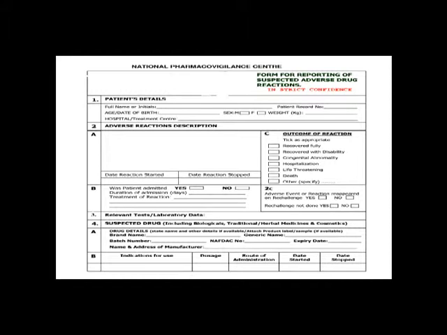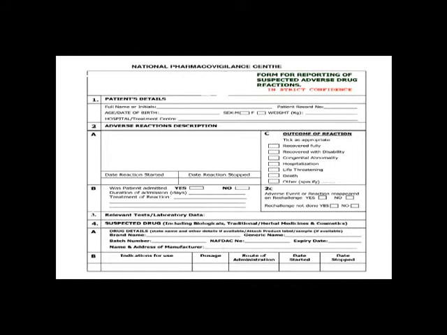So that's the kind of spontaneous reporting forms that we were talking of, and the best of course would be the yellow card system. Now this form is from some country in Africa. Anyway, a similar format would be the ones that you will see across. Nowadays you might have an electronic format also for adverse drug reporting.